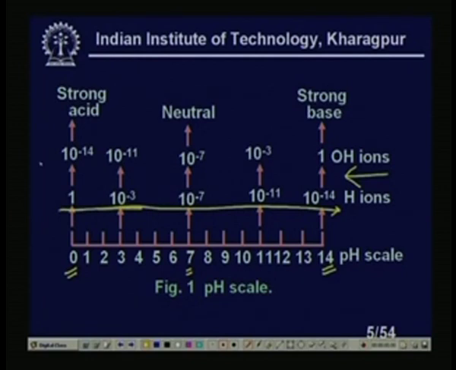When the hydrogen ions are strong, we call it strong acid, and as the hydrogen ions become weak, it moves towards the strong base. So, it is 1 here, and it is 10 to the minus 14 here.